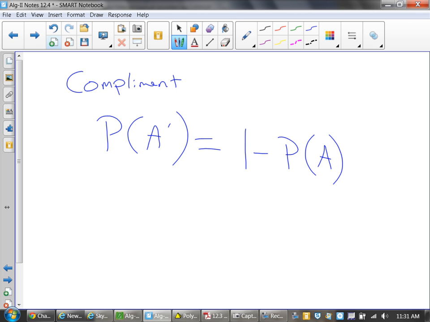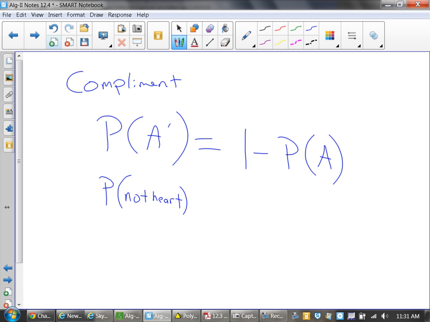So if you wanted to say, what is the probability of not heart in a deck of cards? If I want to get the probability of not a heart, 3/4, right? A quarter of the deck is hearts.